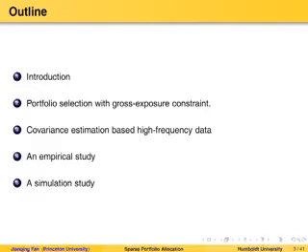This would be the outline of my talk. I'll talk about portfolio selection with gross exposure constraints. I'll talk about covariance matrix estimation based on high frequency data, and then I'll illustrate simulation studies and empirical studies. I admit that the result here is still unsatisfactory.